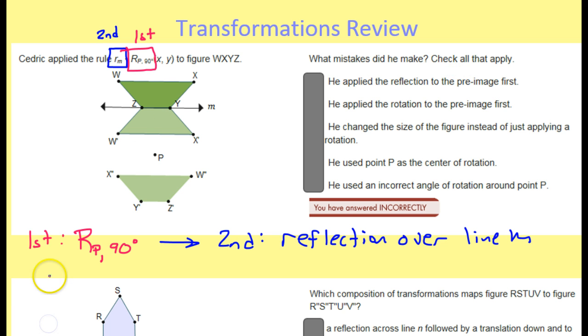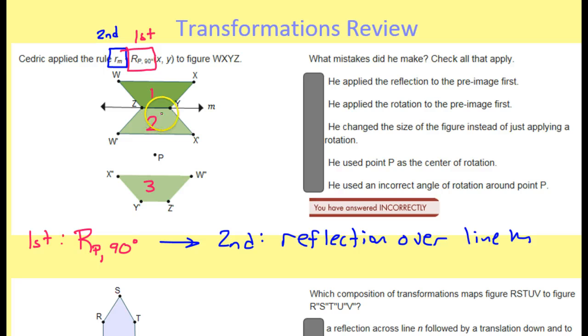Let's analyze. Look at the primes to help you see what order Cedric used. See how this shape on the top has no primes. It's just W, X, Y, Z. So this is the original figure. Below it has X prime and W prime, so this is the second figure. And way down here we have the double primes, so this is the third figure.